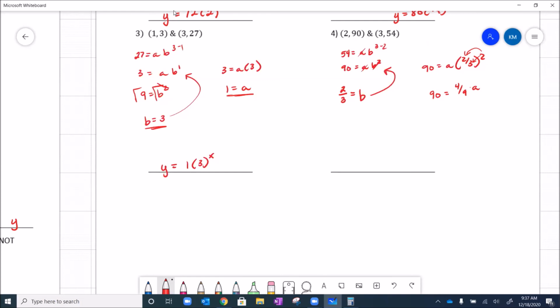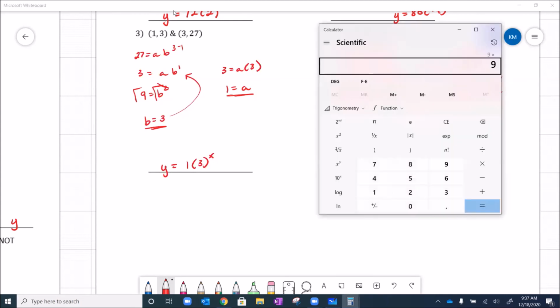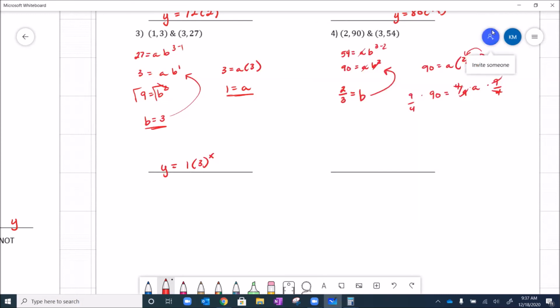To get a by itself, I need to multiply both sides by the reciprocal. So the 9's cancel out, the 4's cancel out on this side. We get 810 divided by 4, right? 202.5. Nice.